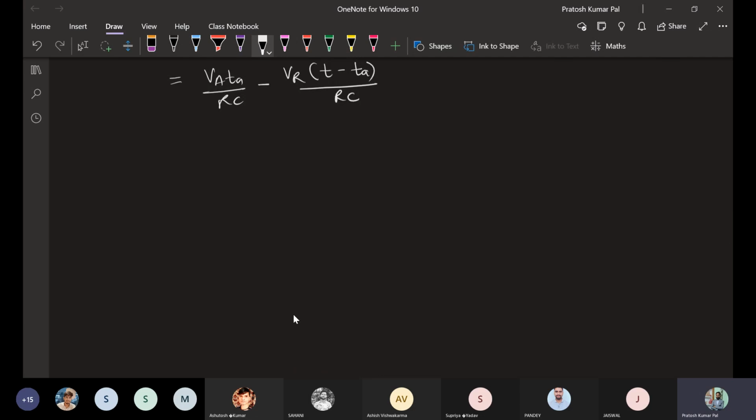Okay, so from there we can get a relation: the analog value that is converted will be given in terms of the m factor and the reference voltage divided by 2 to the power n minus 1.